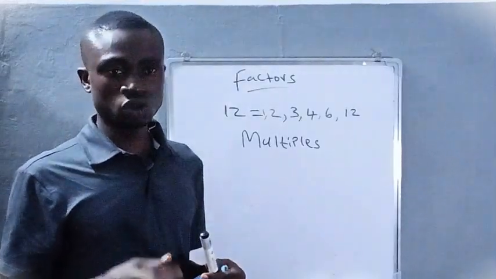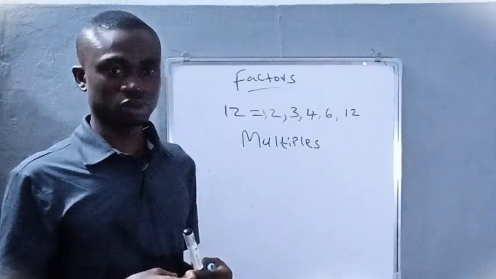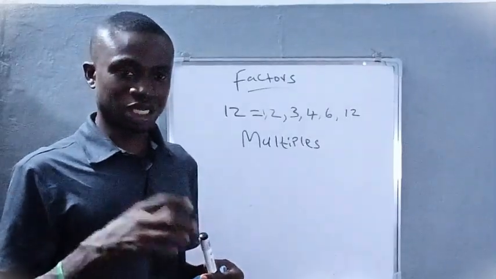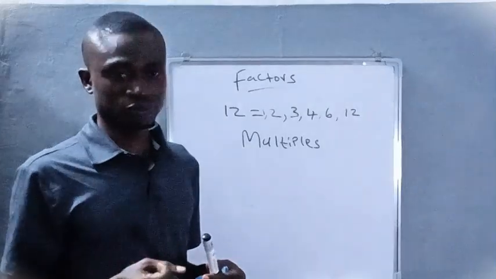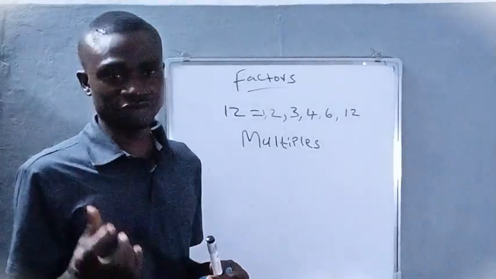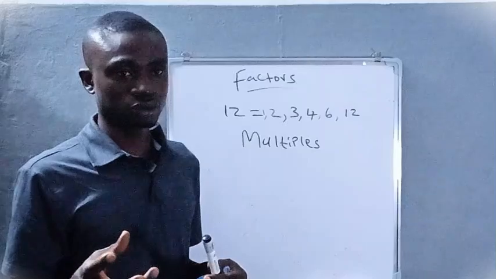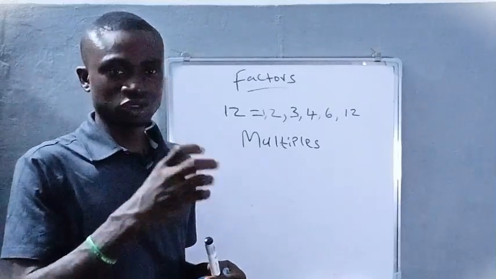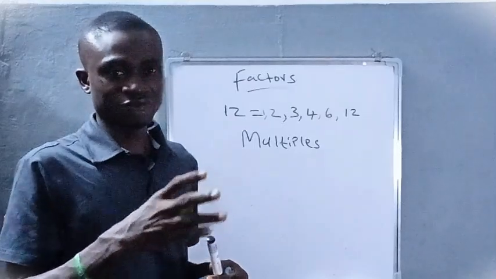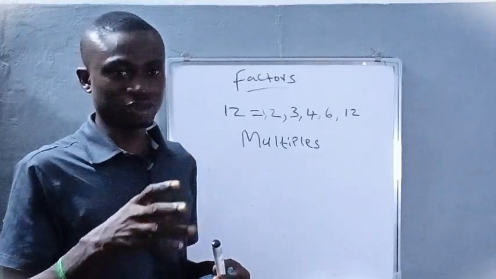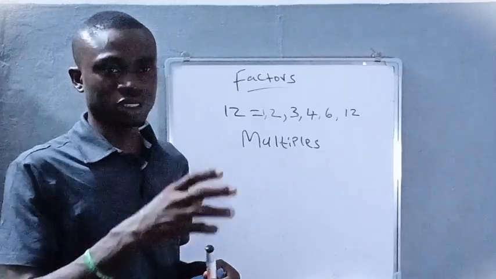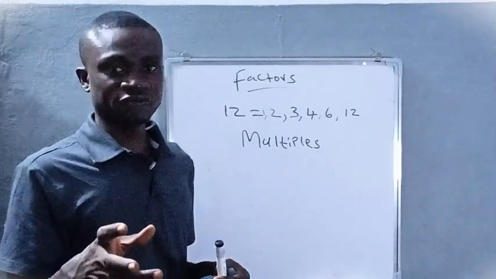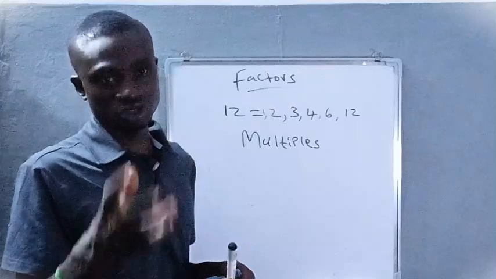LCM is called lowest common multiple. So in LCM, what they're looking for is multiples. Then we have HCF, which is called highest common factor. So you can see that the letters used at the end of this concept are different. One is common factor. Another one is common multiple.